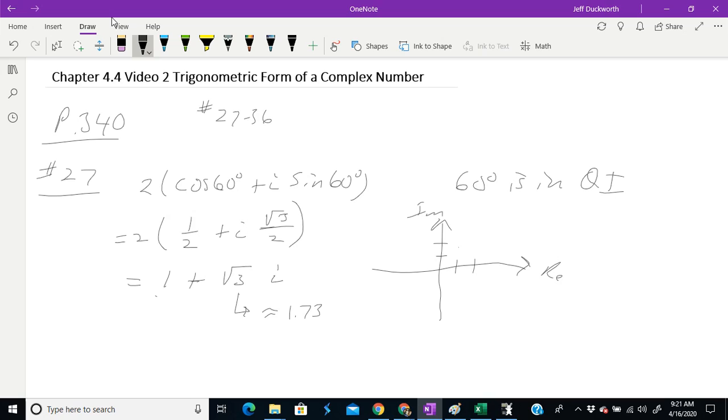And right about there is where our value would be, at the 1 and a bit shy of where the 2 would be. Okay, so that's the process. Again, a lot easier than finding the absolute value for r, and then figuring out the inverse tangent and what your angle is going to be.